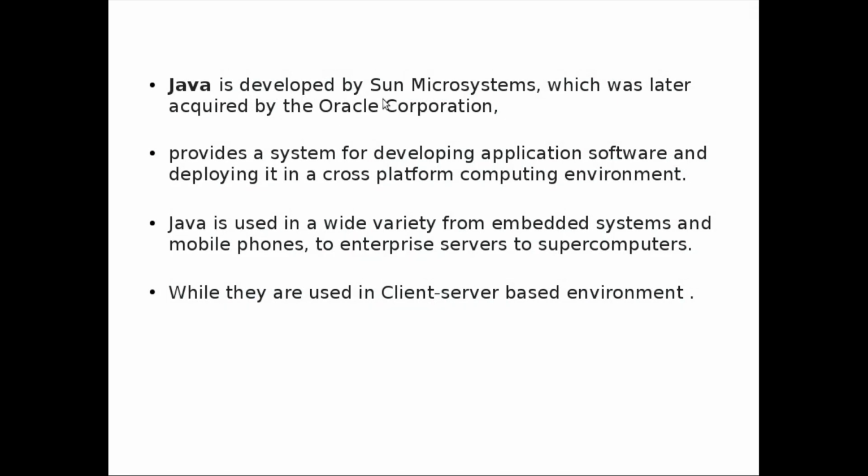Sun Microsystems has given many concepts to the world, and one of the very important technical things given by Sun Microsystems is Java. Have you heard about the operating system called Solaris? It is Unix based. It was developed by Sun Microsystems, and while developing that Solaris operating system, they came up with a new programming language called Java.